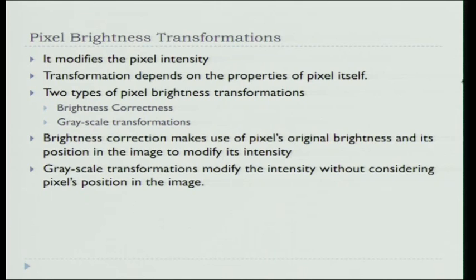It takes the help of that pixel only, it does not consider other pixels' information. Now, there are two types of pixel brightness transformation. One is the brightness correction, where I only want to transform from one to another, nothing else. Another one is the grayscale transformation, right.